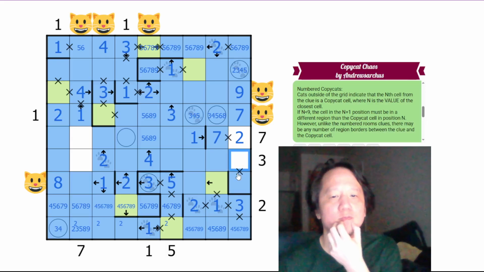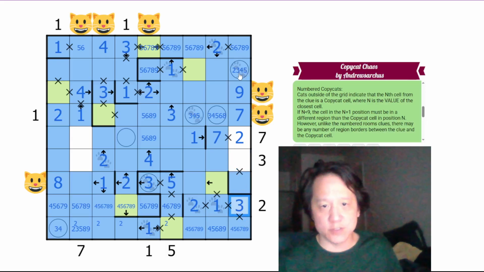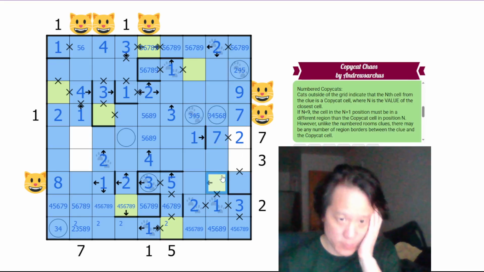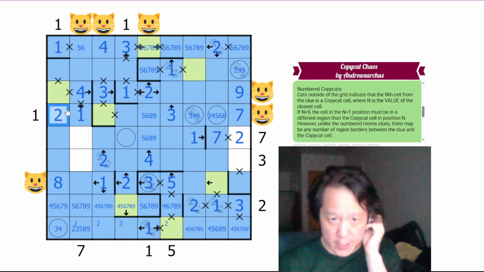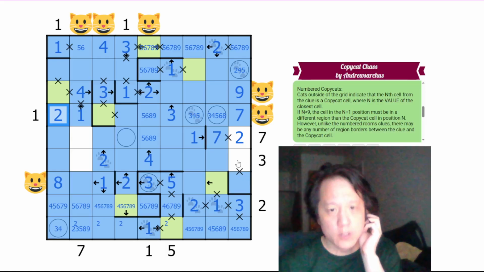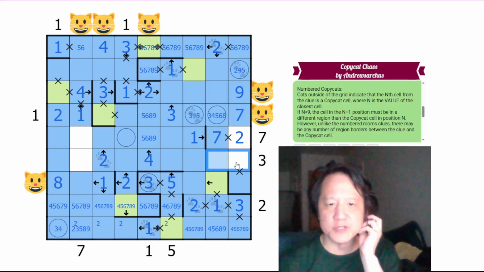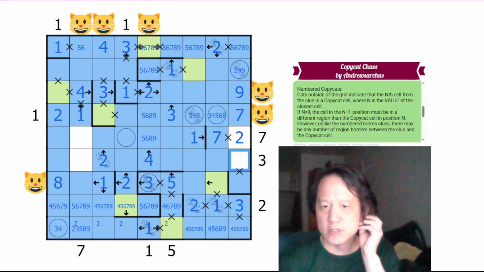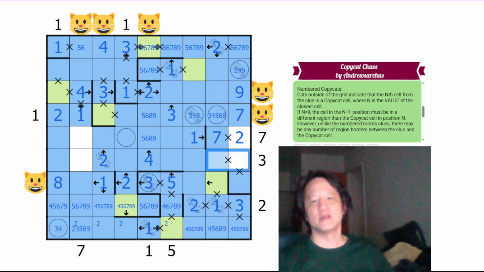It can't be a 1 because if this were, okay, so this 3 eliminates 3 here. If this were copycat, it's copying a 2, which means these 2 would be in the same region. It cannot be 1 by itself because that's saying the value of 3 has to be in the first position, which is obviously not going to be the case if that's 1. So we are guaranteed there is no boundary there.